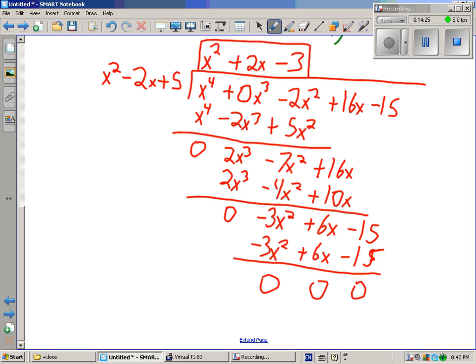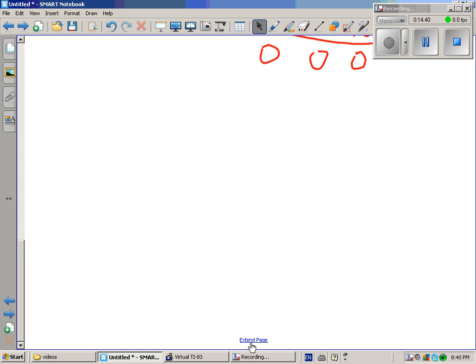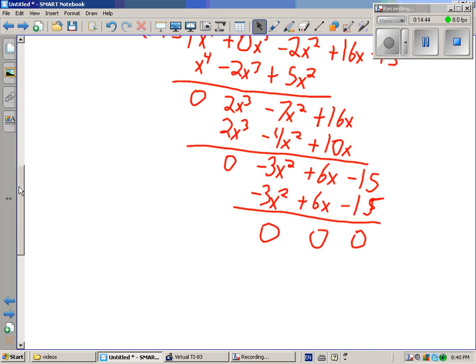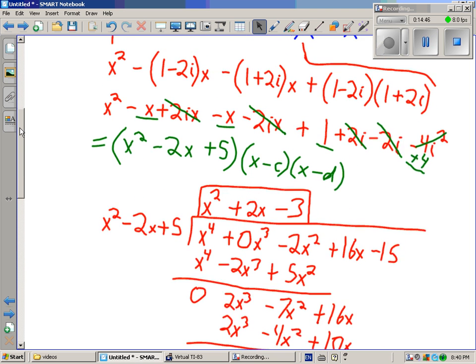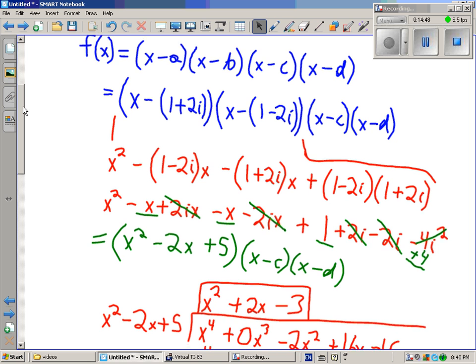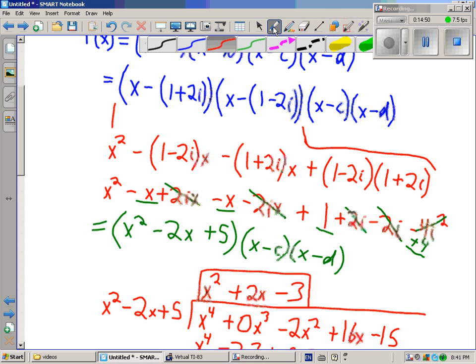So we are left with that, which isn't really factored, but we can factor it relatively easily. That is x minus 3, x plus 3 times x minus 1. Just to sum up what we've got, we have these two linear factors, which we started out with right here.